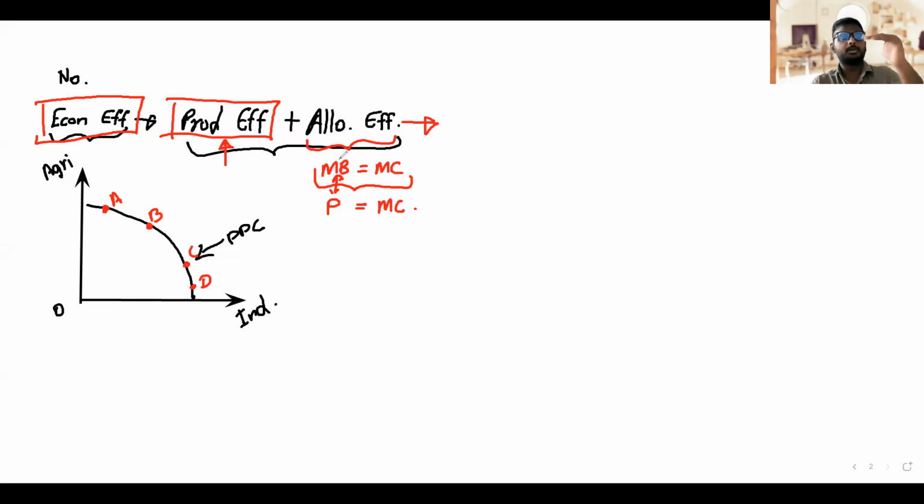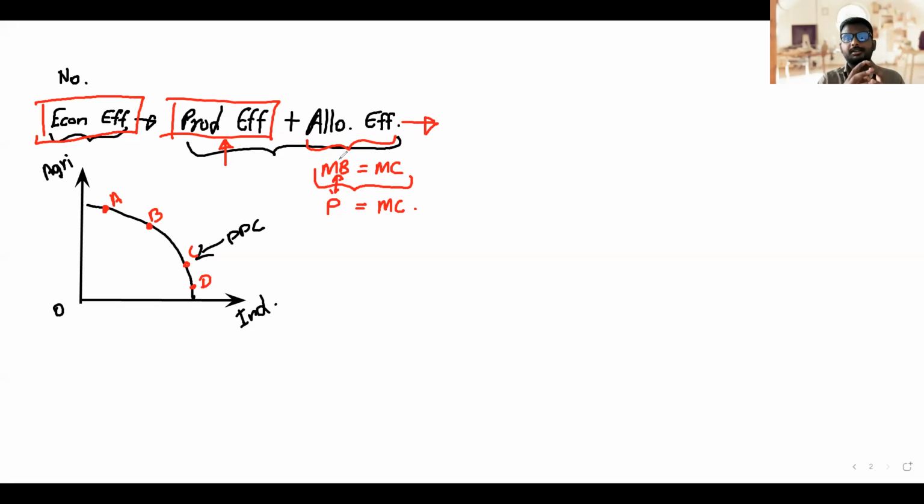And then you simply say what productive efficiency is. You don't have to write a huge definition. Productive efficiency refers to resources being optimally used, giving the best output possible, with the lowest use of resources.